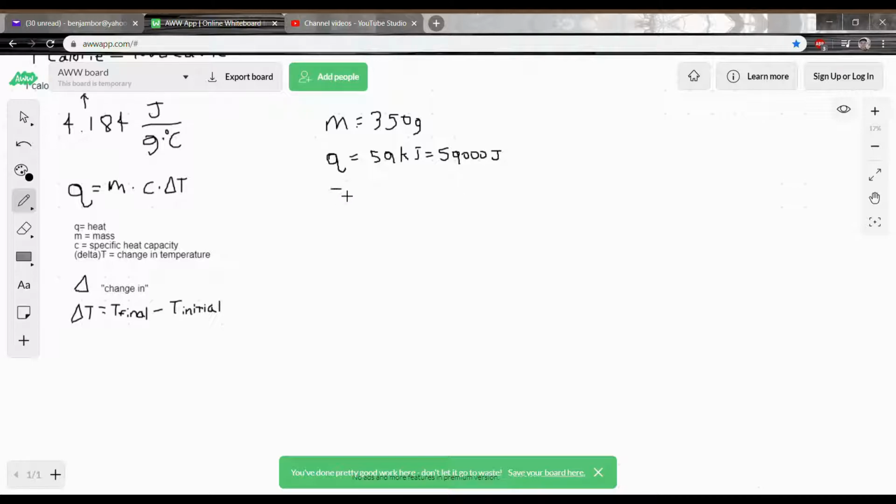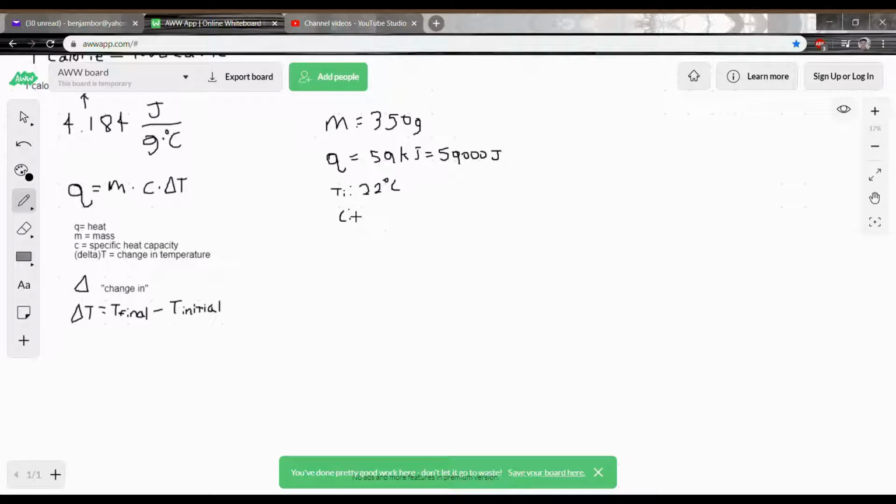So our T initial was 22 degrees. And since we're not dealing with water, we're dealing with iron, the book is going to give us our specific heat. What's it called?